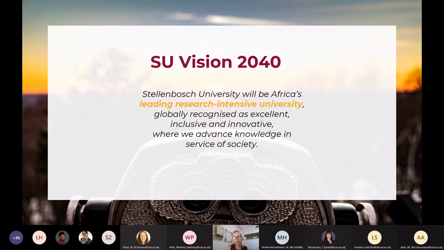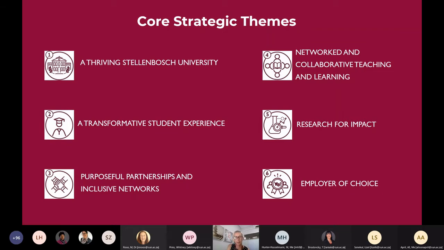So, of course, what we do is not only research for the sake of research, but it's research to make the world a better place. And all of this information is, of course, available on the SU website, www.sun.ac.za, where you can see the university's vision and mission in detail. The core strategic themes, there are 6 of them for the broader university, including all the university's core business.